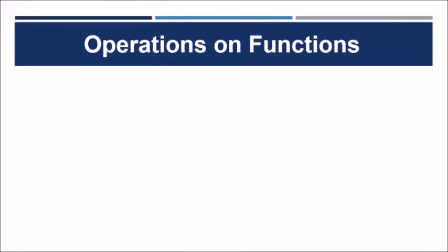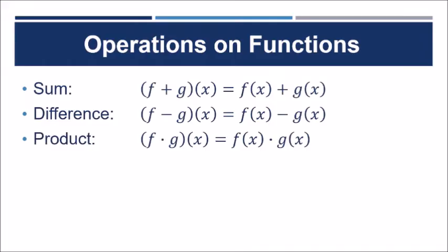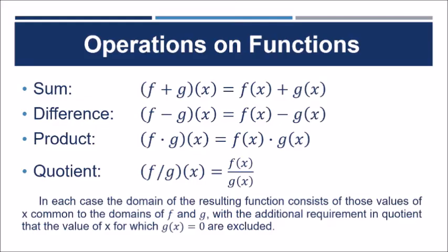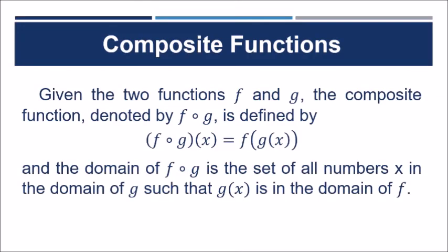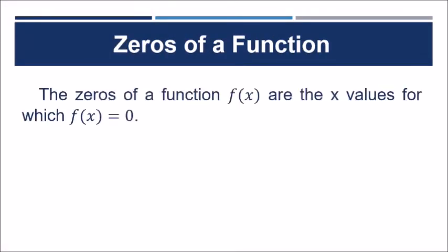For the operations of functions, we have 4: the sum, the difference, the product, and the quotient. The composite function f of g would be equal to f of g of x. We could also get the zeros of a function by equating f of x to 0.